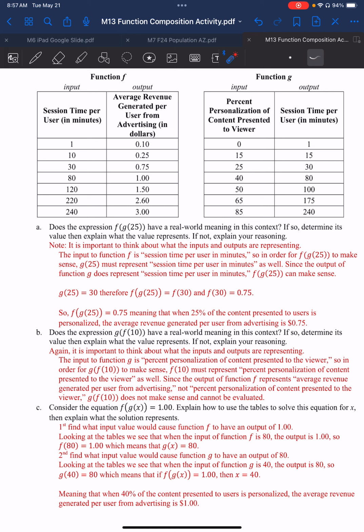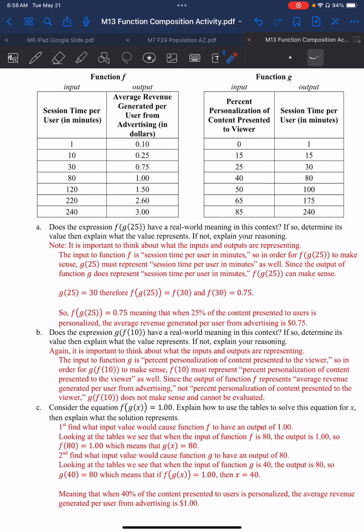Now I need to find out what would cause session time per user to be 80 minutes. So I need to come over to the G function and find out what causes the output there to be 80. The cause of 80 minutes per user session time is when the percent personalization is 40%.